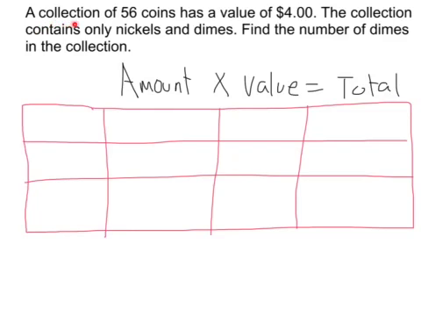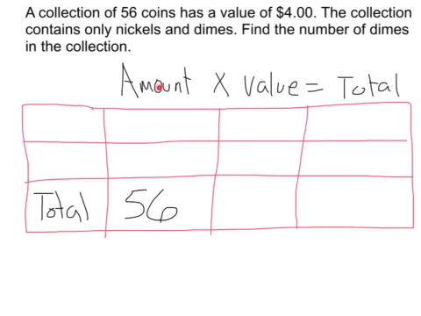So here we have a collection of 56 coins, and there's a total value of $4. Now one thing I want you to notice is you're always going to have on your last column a total. You're always going to give yourself a total down here. So we have a collection of 56 coins. We know that we have a total of 56 coins. That's an amount.